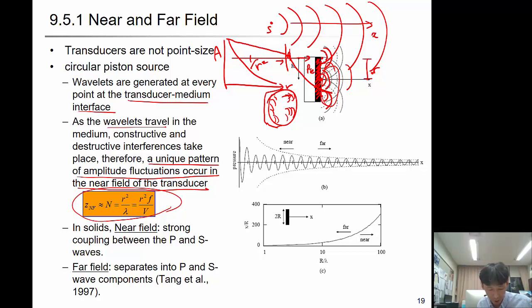And in solid, in the near field, there is strong coupling between the P and S waves. So in the near field, you cannot differentiate the P wave and the S wave because they are all like a coupled body wave. But as you go further away, the P wave goes faster and the S wave follows it, so that the P and S waves start to separate in the far field.